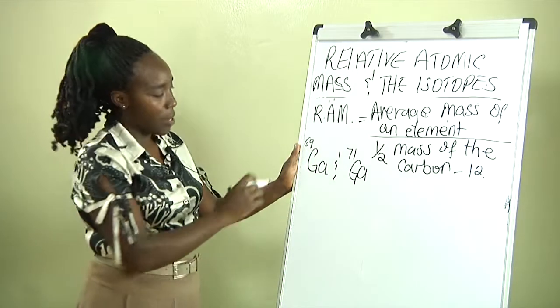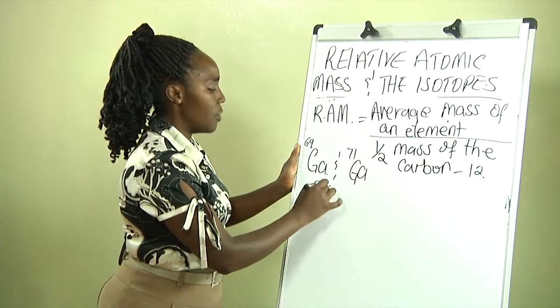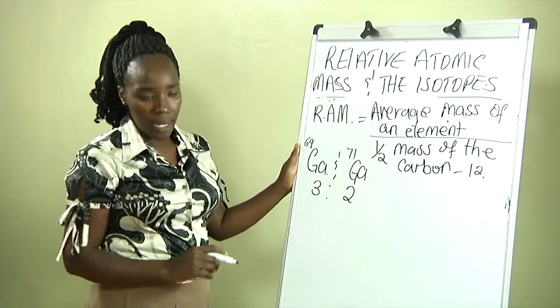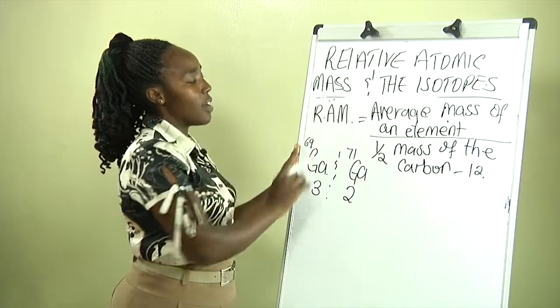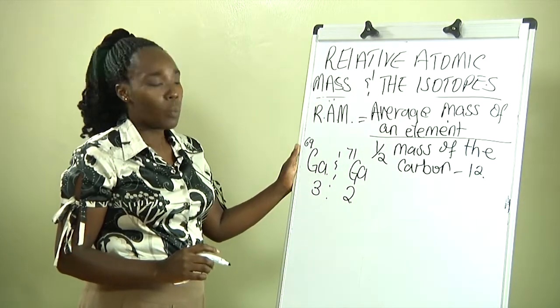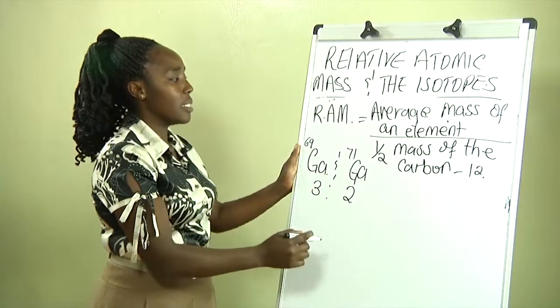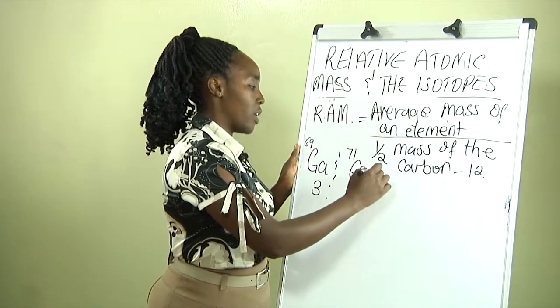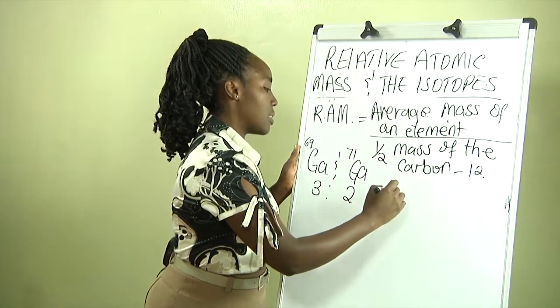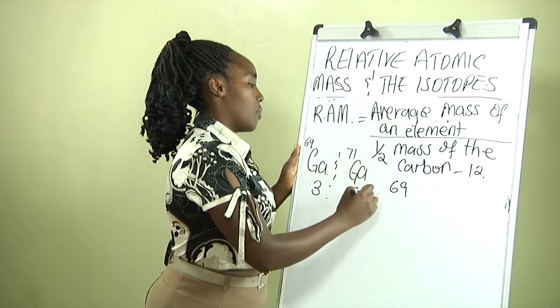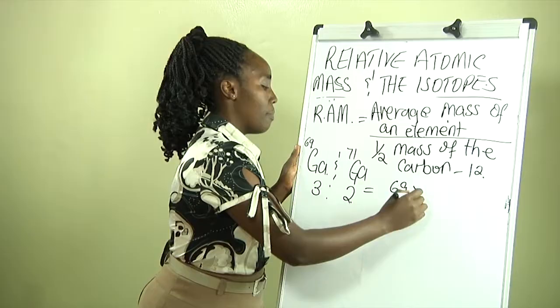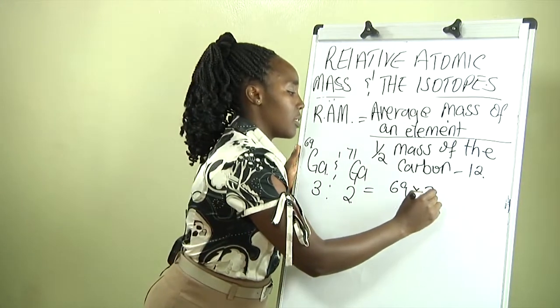And therefore, there were two of them in the ratio of 3:2, and to calculate the relative atomic mass, we take the mass number of the first isotope of gallium, that is 69. We multiply by the ratio, that is 3.